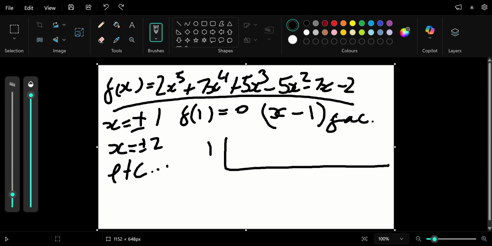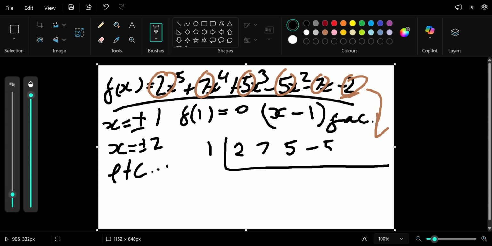Long division is often referred to as the bus stop method, but this is synthetic division. Let's take all these coefficients and put them down below, including the constant of minus 2. So we put in 2, 7, 5, minus 5, minus 7, minus 2. Let's bring down the 2.